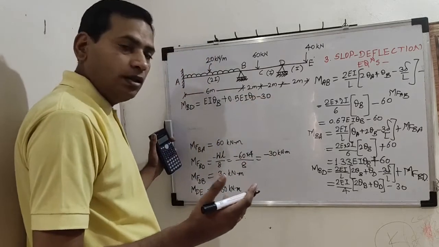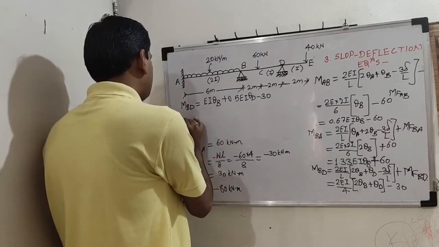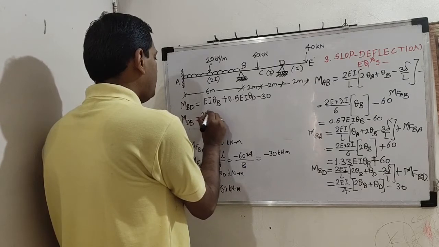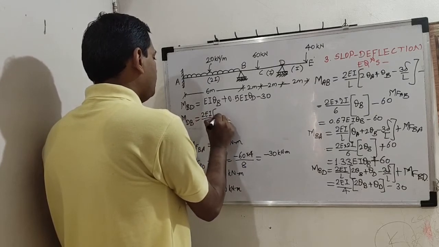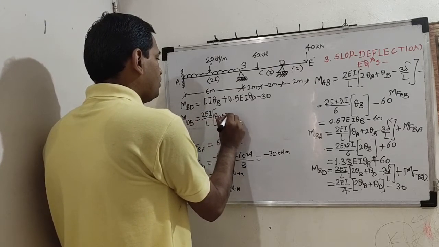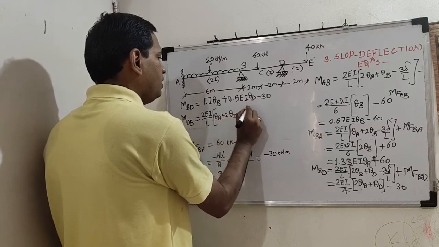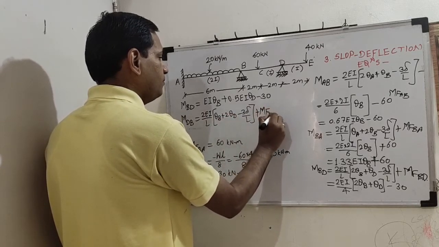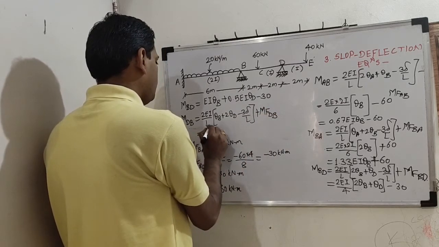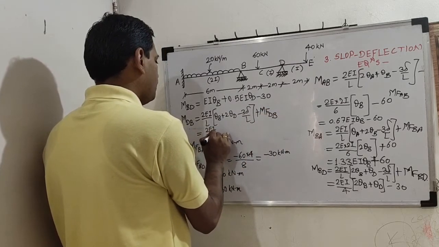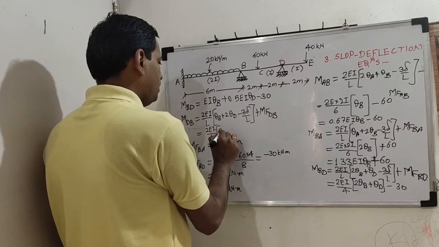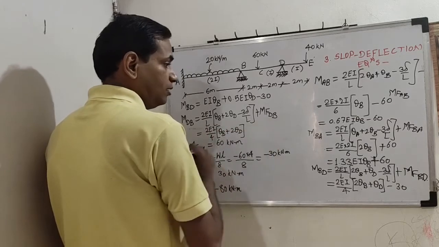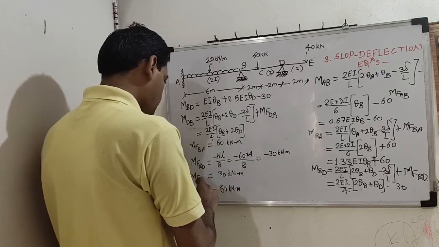Okay. Now MDB. MDB is 2EI by L into bracket theta B plus 2 theta D minus 3 delta by L plus MFDB. Substitute 2EI by 4 into bracket theta B plus 2 theta D. MFDB, how much? Plus 30.